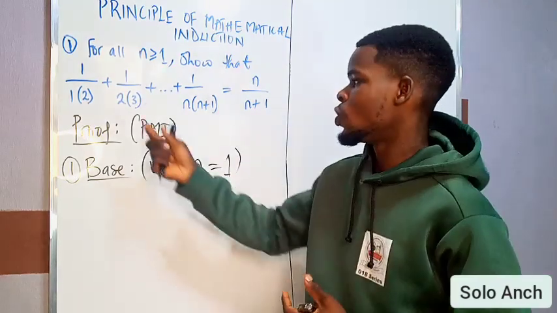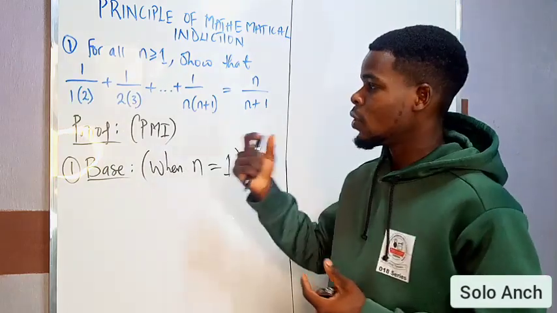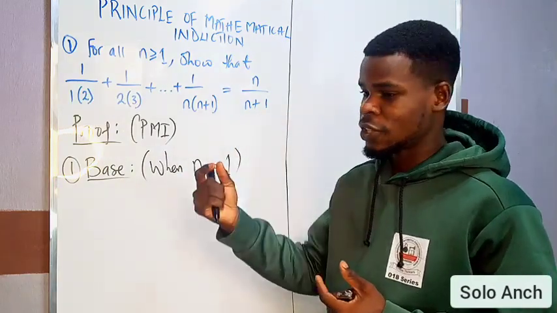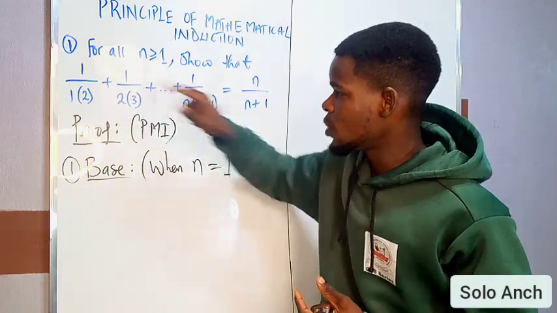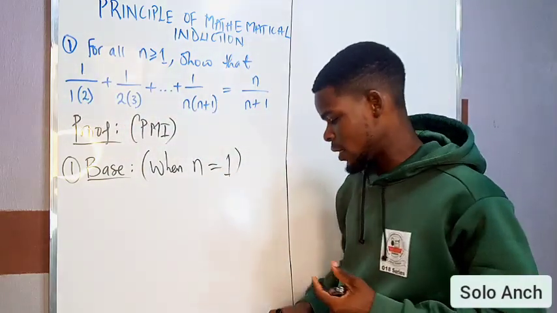So we check the left hand side for the first fraction, and then we compare it when n is 1 on the right hand side to see what we get.